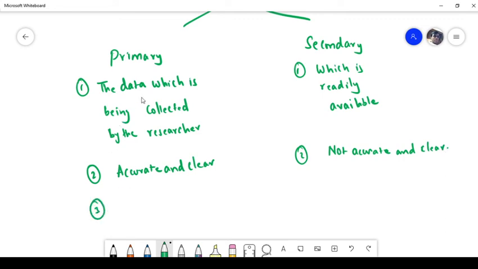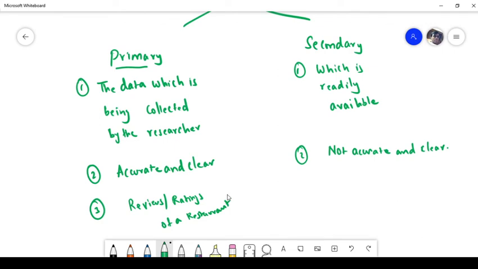What are the examples of primary data collection? Review or ratings of a restaurant. Why is it called primary data collection?